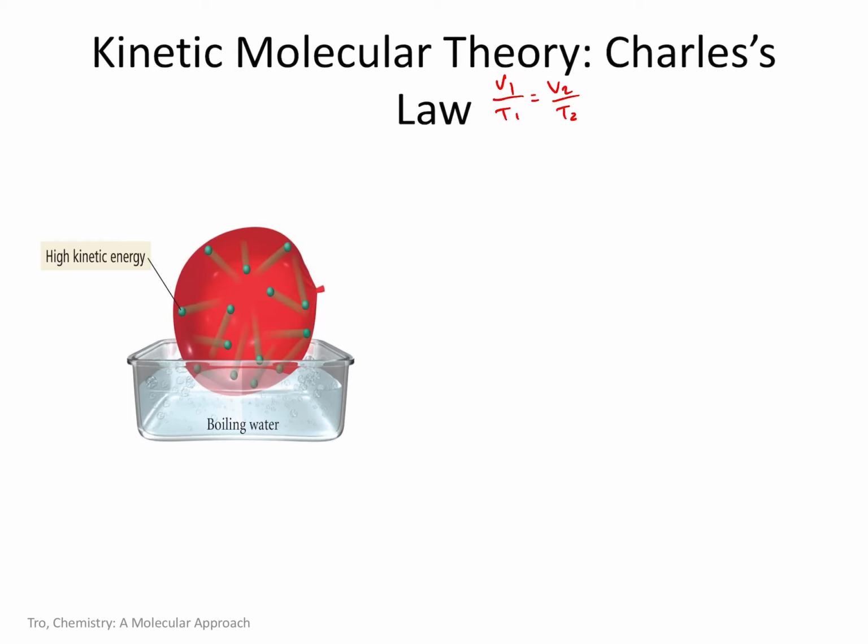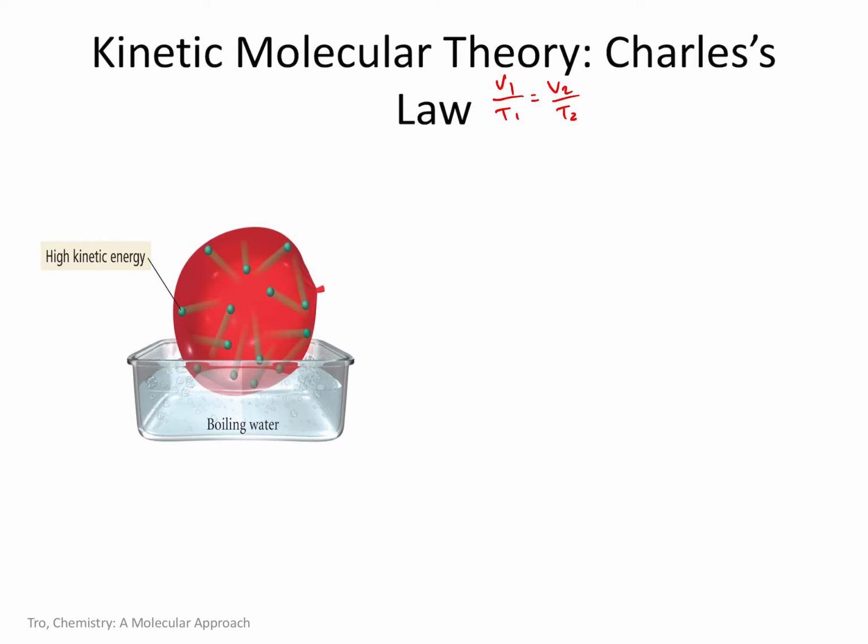So at a constant pressure and constant number of particles, the volume of a gas is proportional to its temperature. According to kinetic molecular theory, if we increase the temperature of a gas, we're basically increasing its speed. We're giving it more energy to have the particles speed up, and thus the particles will increase in the way that they move.